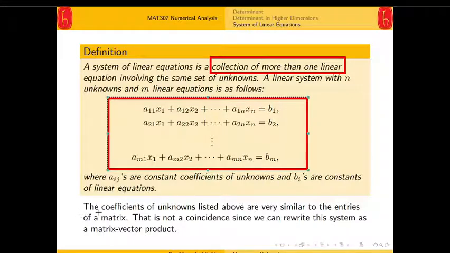The coefficients of unknowns listed here, a11 up to amn, are very similar to the entries of a matrix. This is not a coincidence, since we can rewrite this system as a matrix vector product.